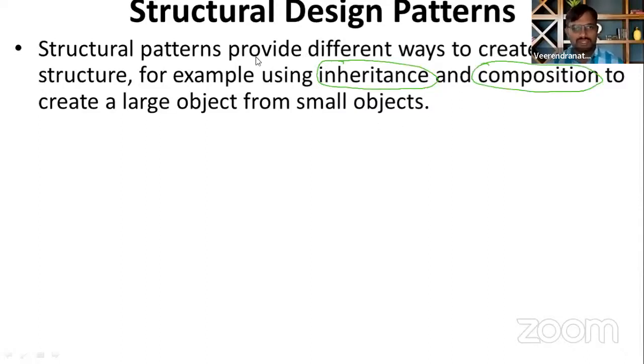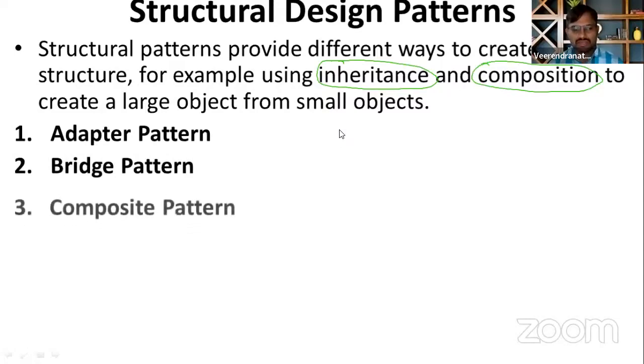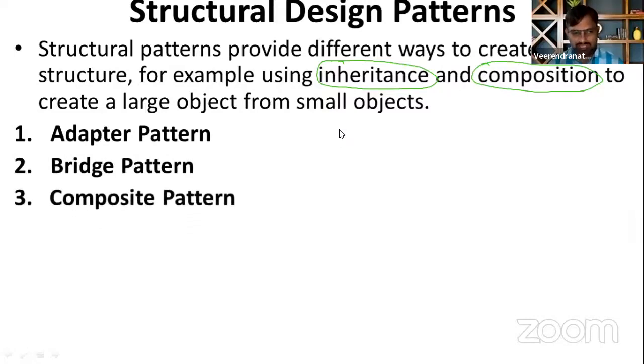Okay, the next point that we are going to understand is what are the different types of patterns available under the structural design pattern. Under it, we have 6 or 7 more important patterns, and we are going to talk about 3 of them.